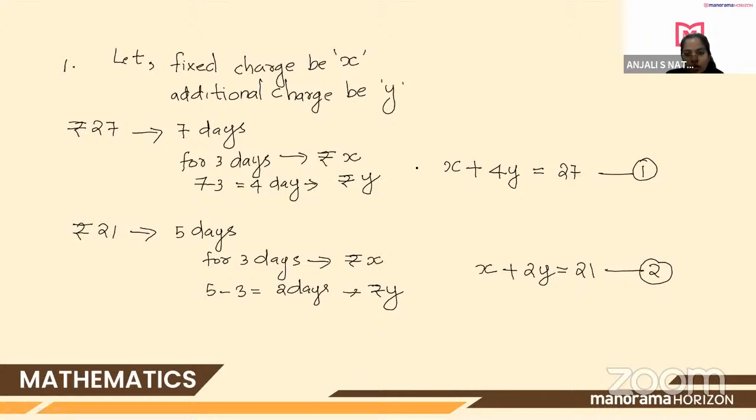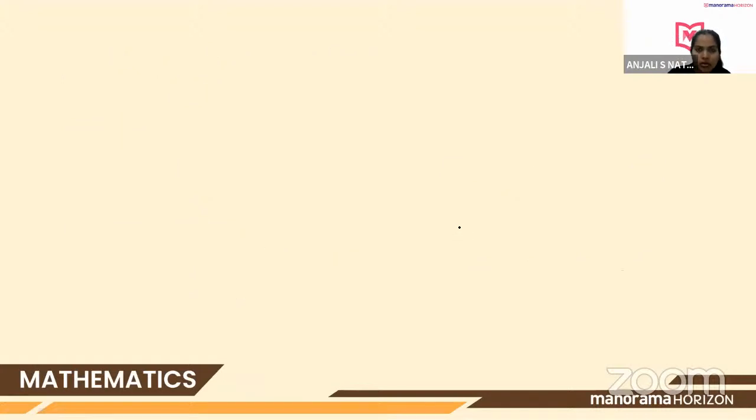Now what to do? Here the first variable is x and x, so we can use the elimination method. Equation 1 minus equation 2, which implies 2y is equal to 6 and y is equal to 3.